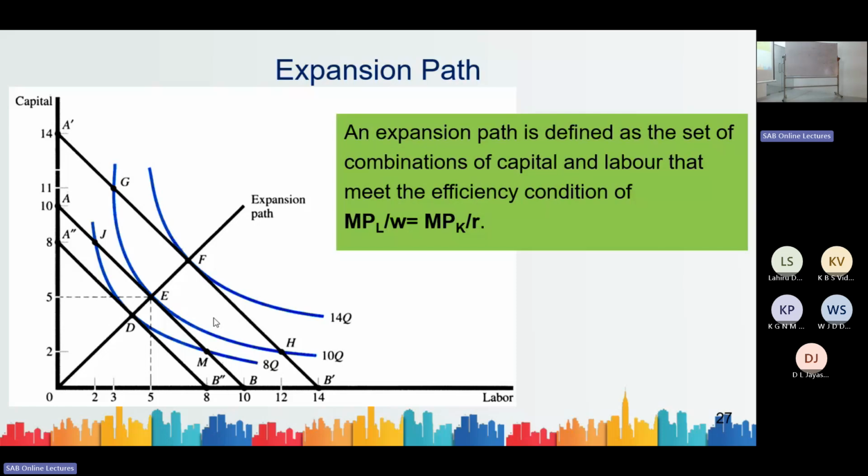An additional rupee on labor should derive some amount of additional output, and the same level of output should be generated by spending one additional rupee on capital. Got it?